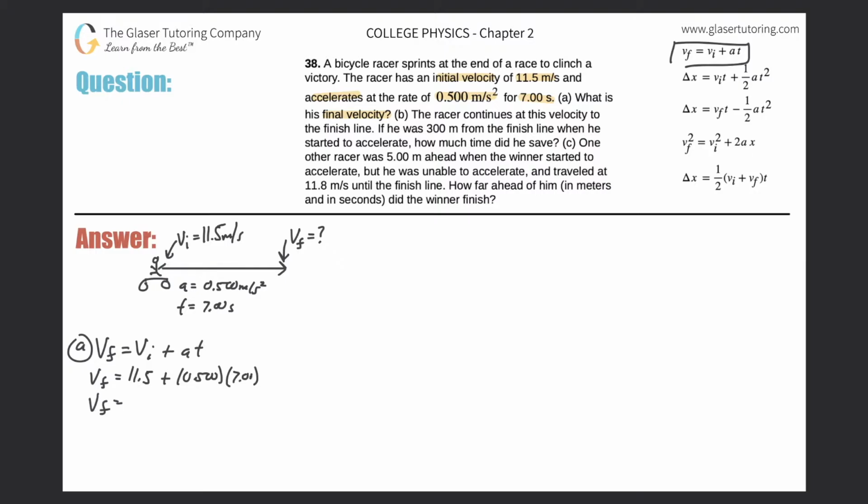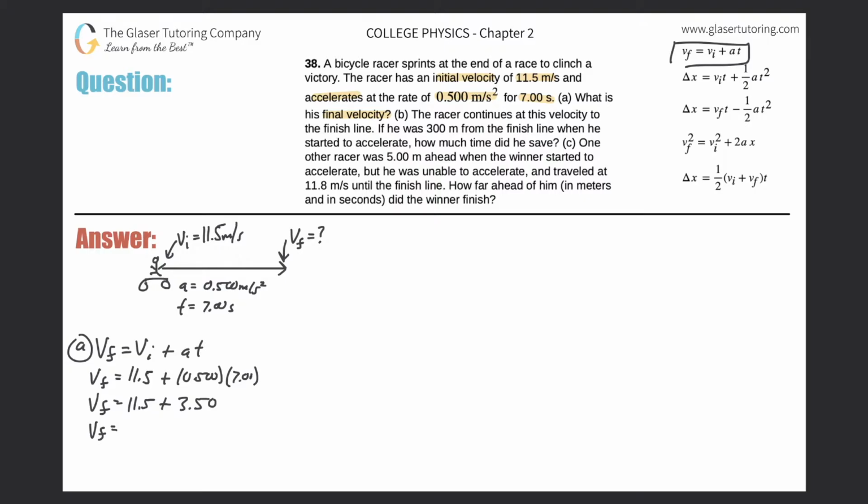Okay, so let's just plug it into the calculator. So it's 11.5 plus, well, don't even need a calculator, because it's just half. So this comes out to 3.5. So 3.50, because I need 3 sig figs. And now when I add these two values together to get the final velocity, just be careful about the value you're going to obtain in terms of significant figures.